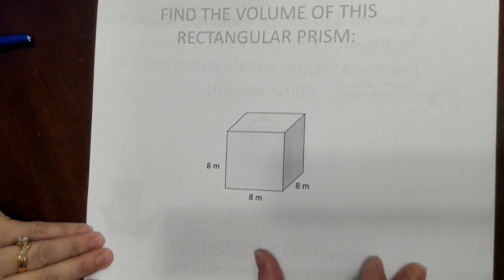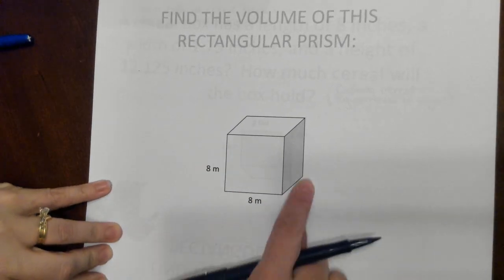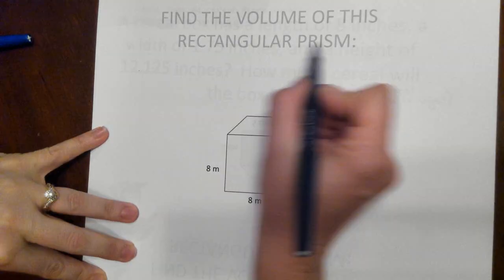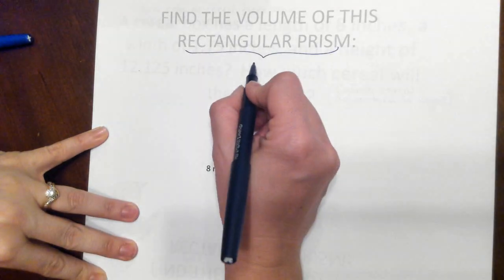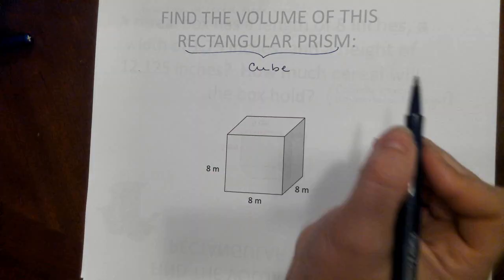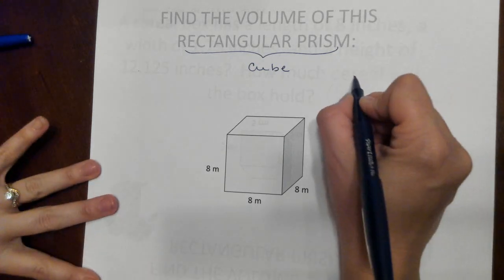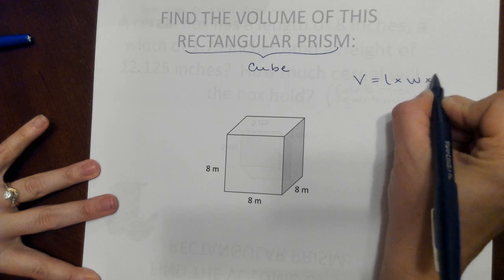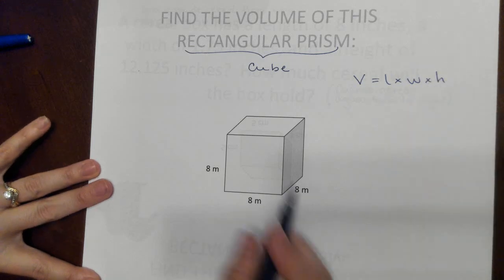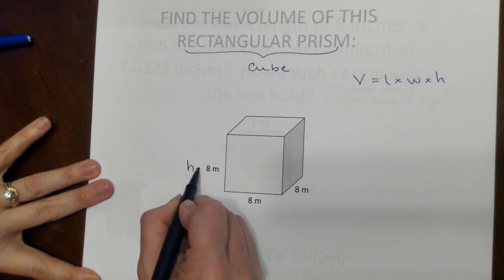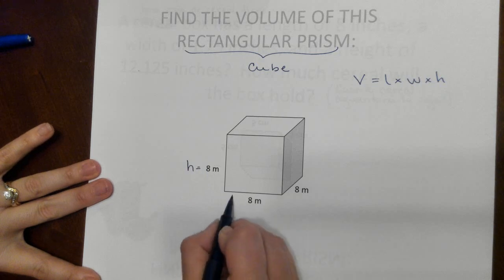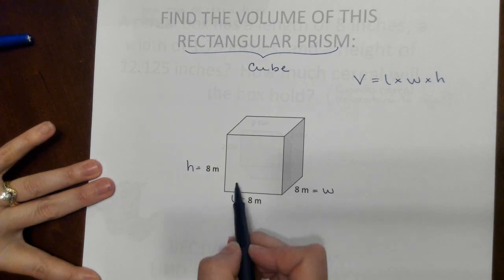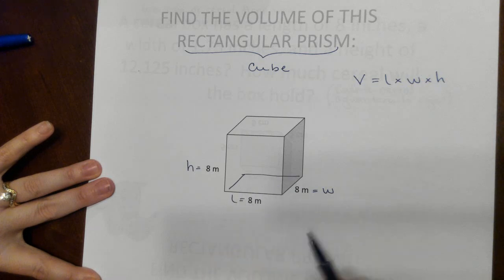Okay, so this time we can see this is a cube. All three measurements are the same. So this rectangular prism is a cube. So again, same length times width times height. The height, how tall it is, the length, and the width. So area of the base first.